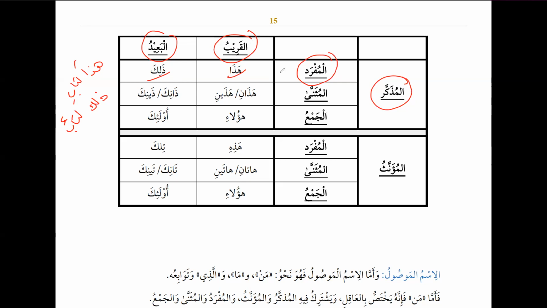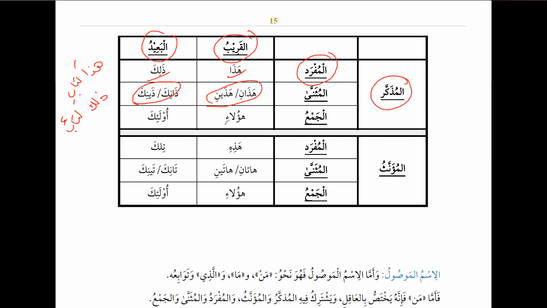وهكذا. طيب. مثنى, for a dual form, if you want to point out something that is nearby, you will use هذان or هذين, depending on their role in the sentence. And if it's something that is بعيد, then you will use ذانك or ذينك, depending on the role in the sentence.